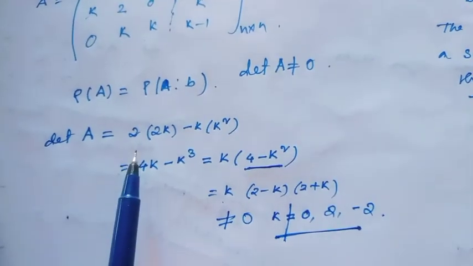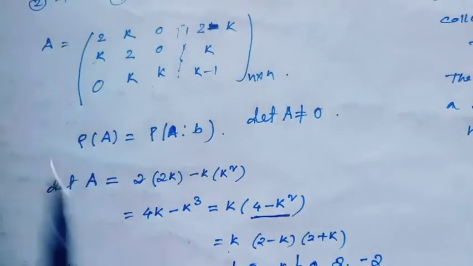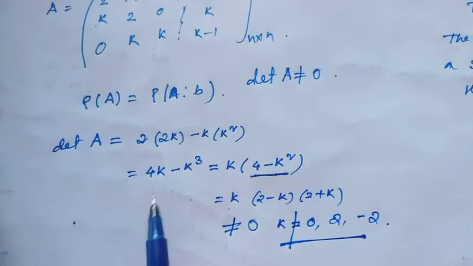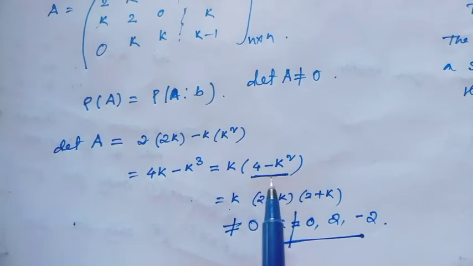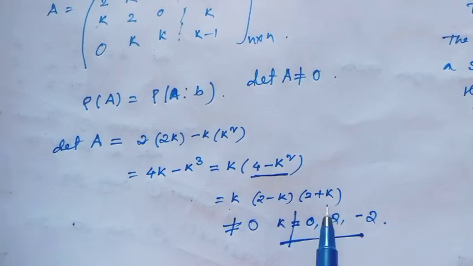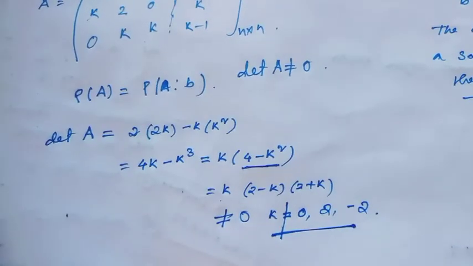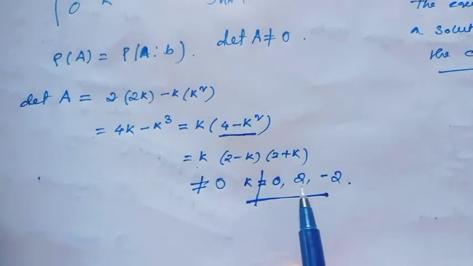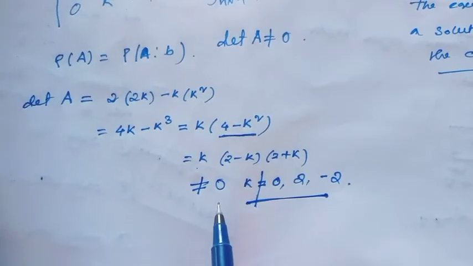Notice the determinant. Here the determinant is 2 times 2k minus k times k squared, which is equal to 4k minus k cubed, and we can write this as k times 4 minus k squared, which is equal to (2 minus k)(2 plus k) times k. And obviously when k is not equal to 0, 2, minus 2, then this value is always not equal to 0.